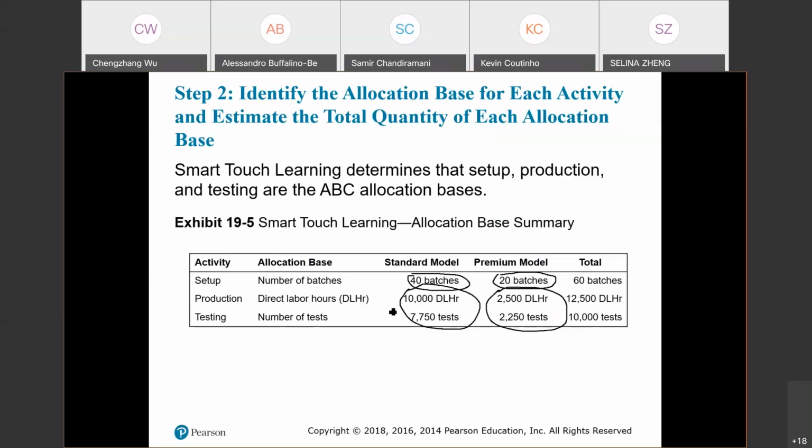Okay, this is step 2, to identify the allocation base for each activity and estimate the total quantities of each allocation base.